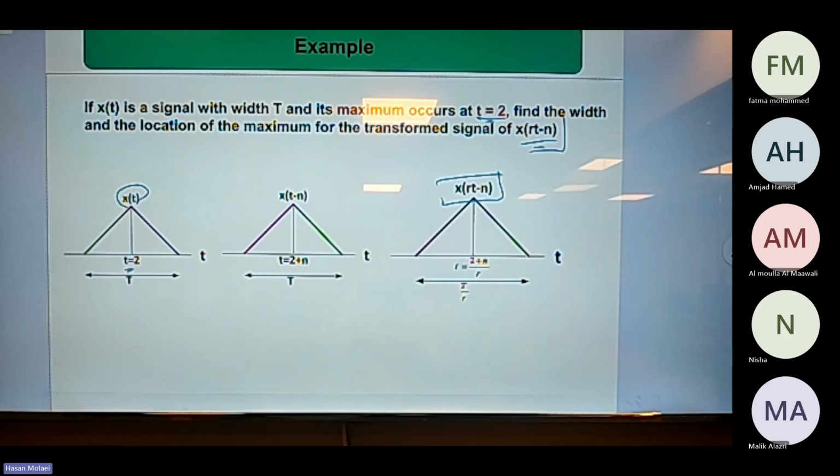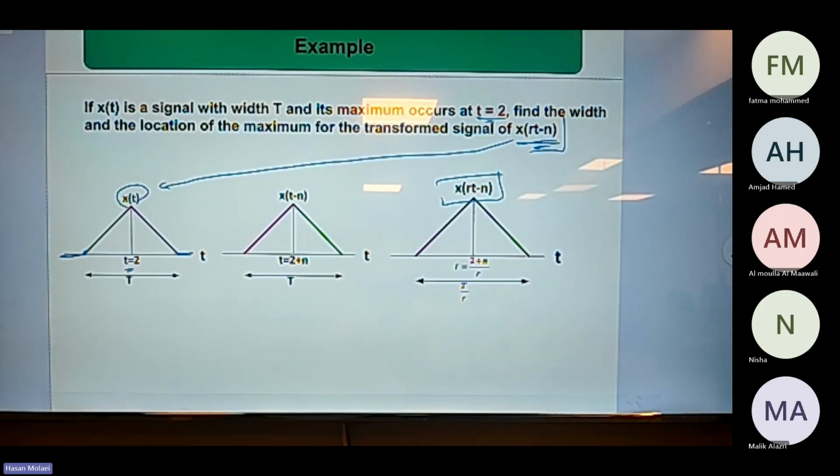If I suppose x is something like this, its maximum value is at t equals 2. I'm looking to find the waveform from x. At first, I need to apply the time shift.